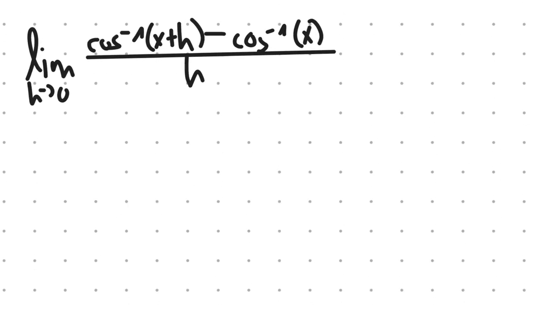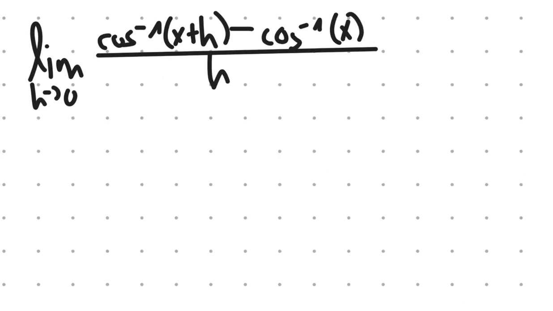Now, the thing we have to consider when we try to prove the derivative of any inverse trigonometric function is that you have to use a substitution, since if we substitute something, then we can represent it as a cosine of that something.